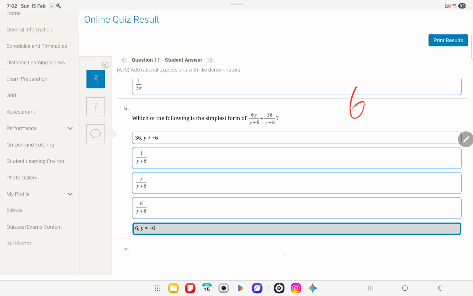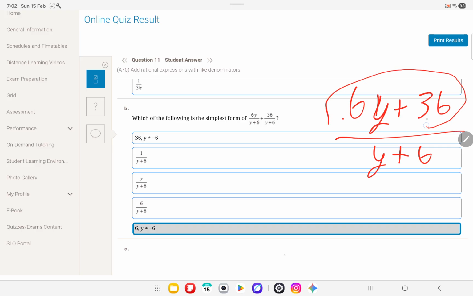What do we do? We have 6y plus 36 over y plus 6. What we can do is we can take 6 out. So if we take 6 out, it'll be 6 times y plus 6 over y plus 6.